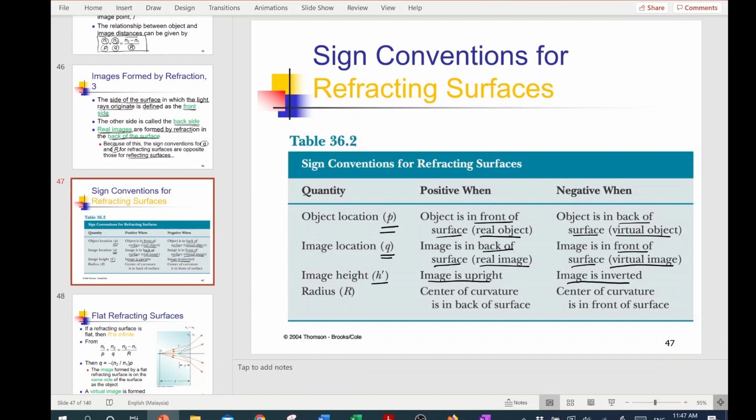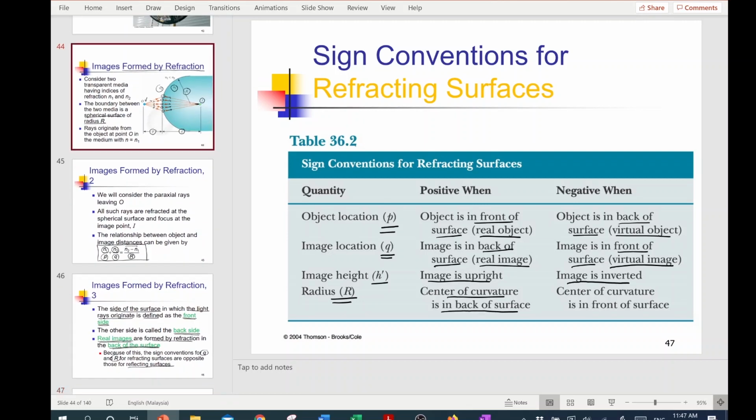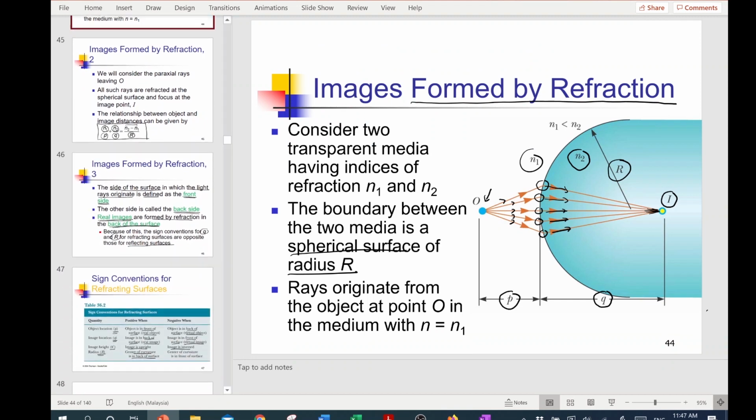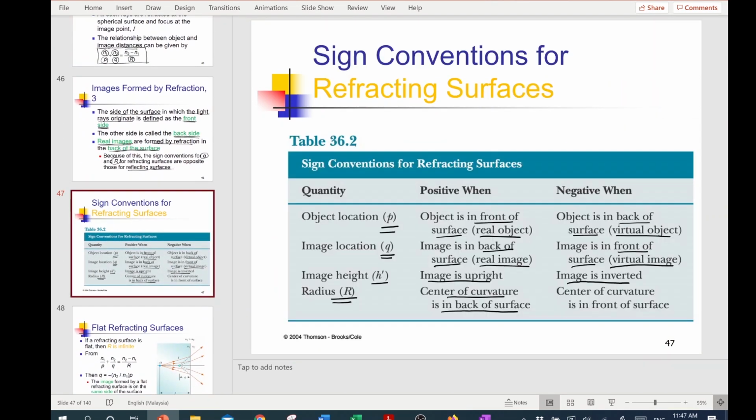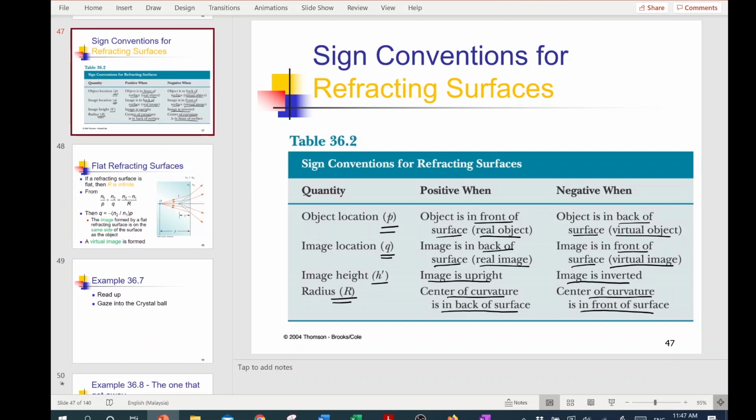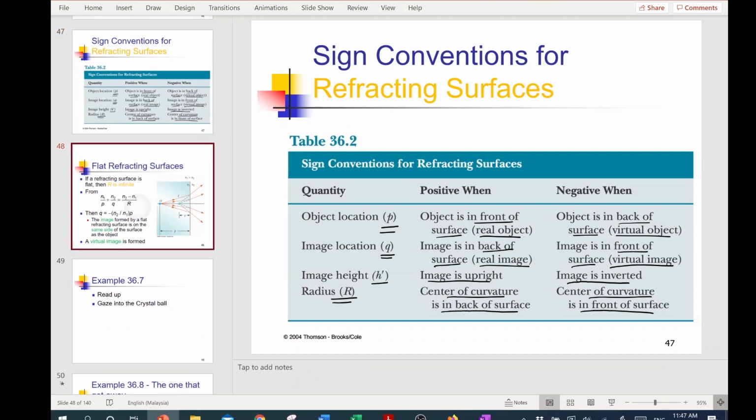The value of radius r is positive if the center of curvature is at the back of the surface, just like in this example, so the r value is positive in this case. However, if the center of curvature is at the front of the surface, it will be a negative value. That is the sign convention for refracting surfaces.